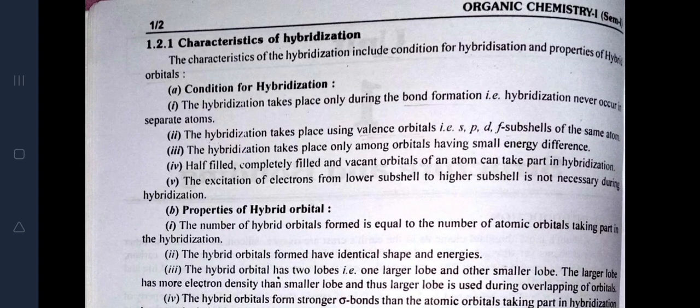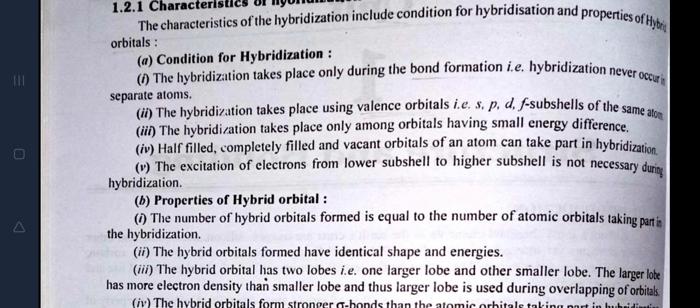Characteristics of hybridization. Characteristics of hybridization involve the conditions for hybridization and the properties of hybrid orbitals. Conditions for hybridization. The hybridization takes place only during bond formation. That is, hybridization never occurs in separate atoms. The hybridization takes place using valence shell s, p, d and f subshells of the same atom.